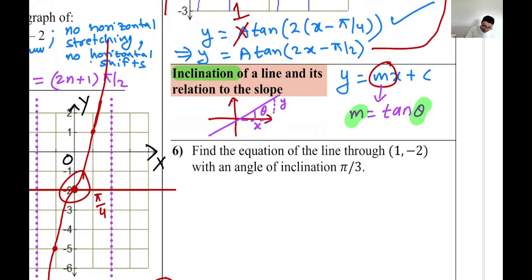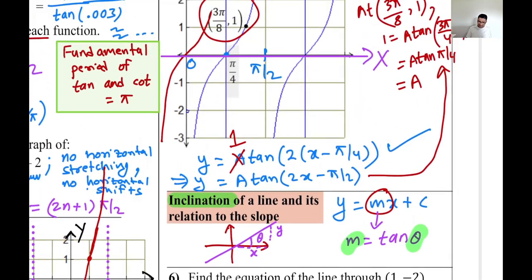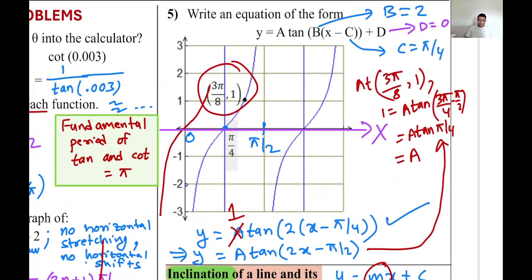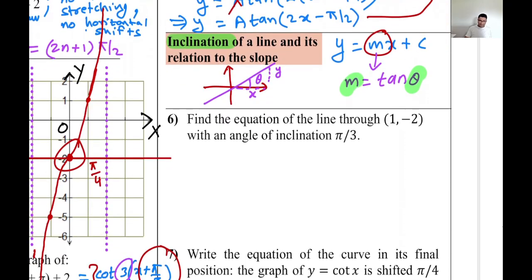Let me take a pause here. We switched the gear here suddenly. I should have warned you about that. So we did the graphing, we're done. We're looking at another concept of these tangent functions. You can say this is an application: the tangent of the inclination is the slope of the line.